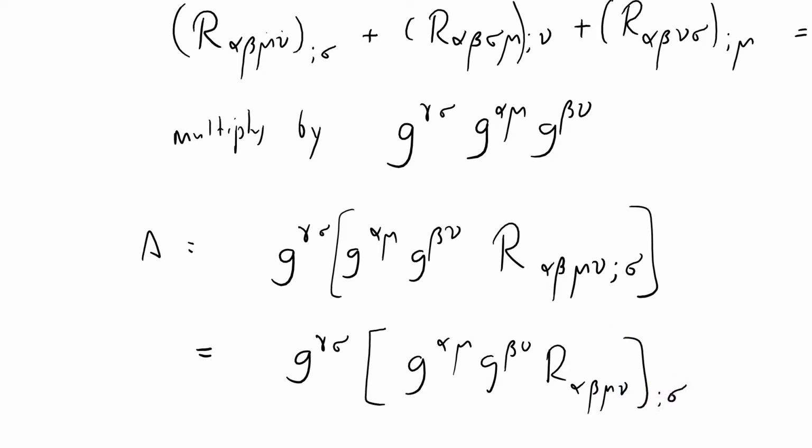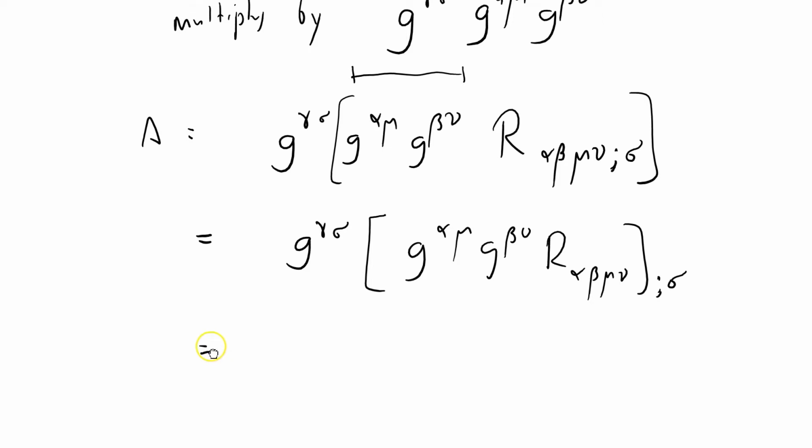Why can I do that? Because the covariant derivative of the metric tensor is equal to 0, so it commutes past a semicolon differentiation. Now this is equal to G gamma sigma times the Ricci tensor with, what's left? Mu at the top, beta's gone.